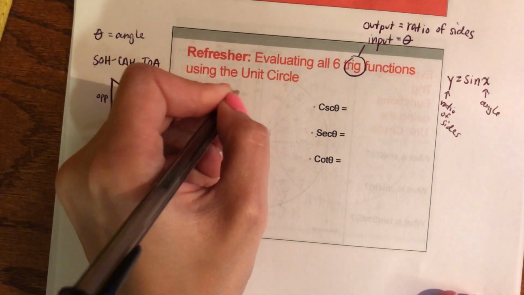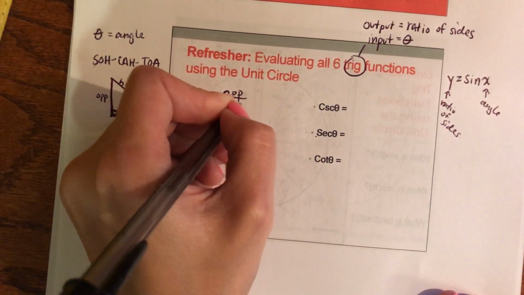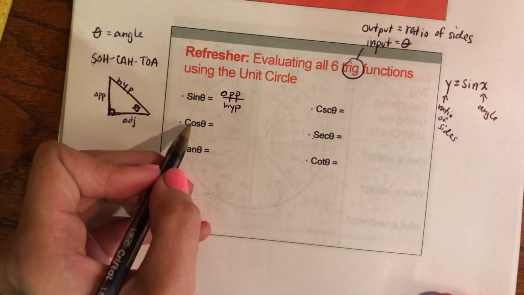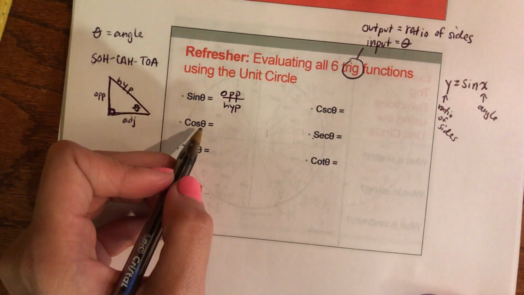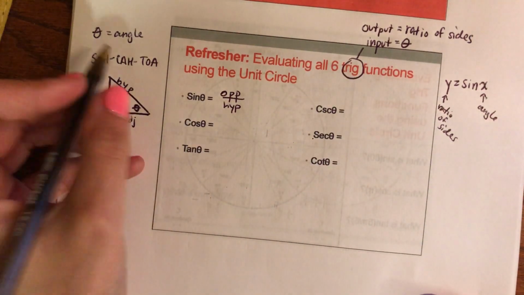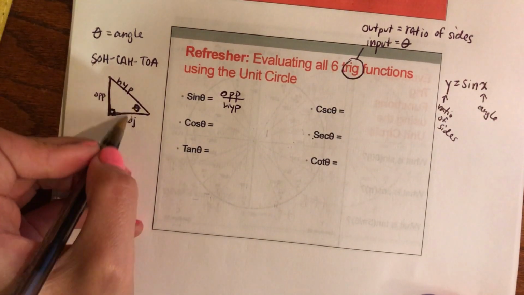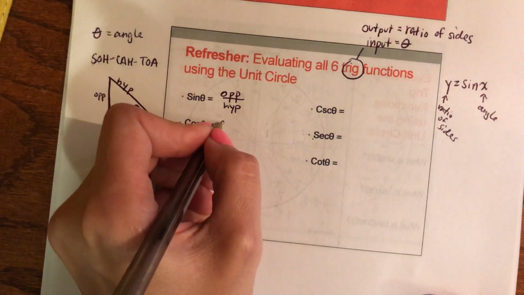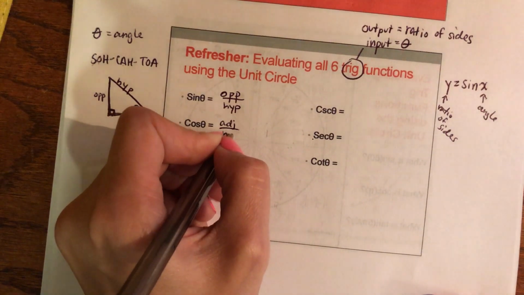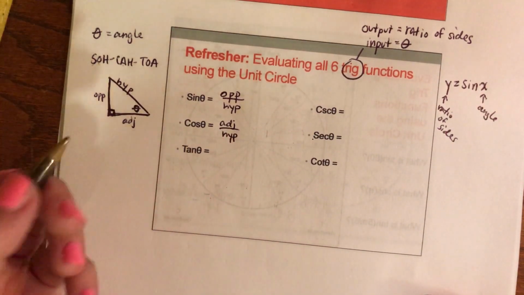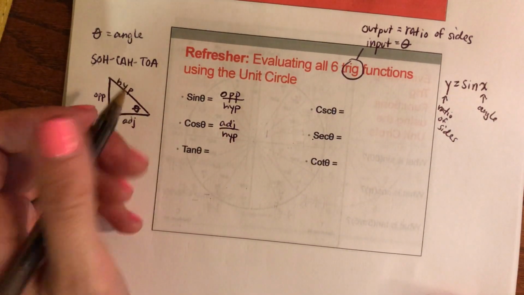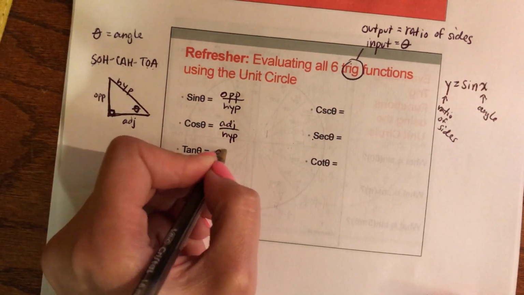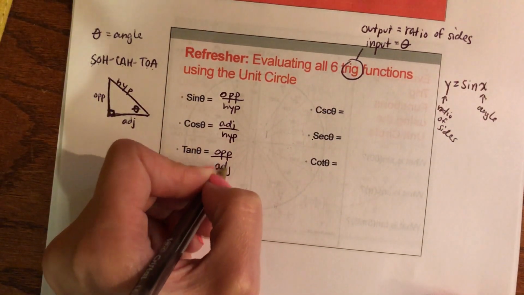Cosine of theta is going to be adjacent over hypotenuse. And tangent of theta is going to be opposite divided by adjacent.